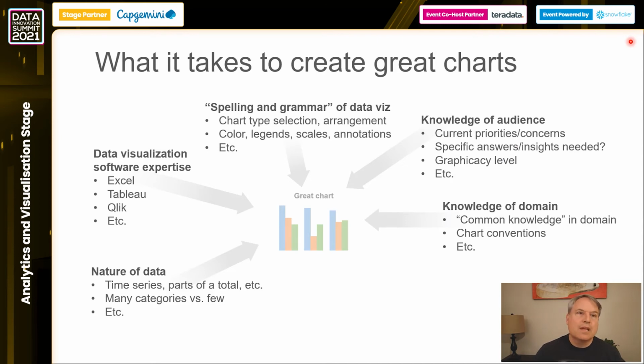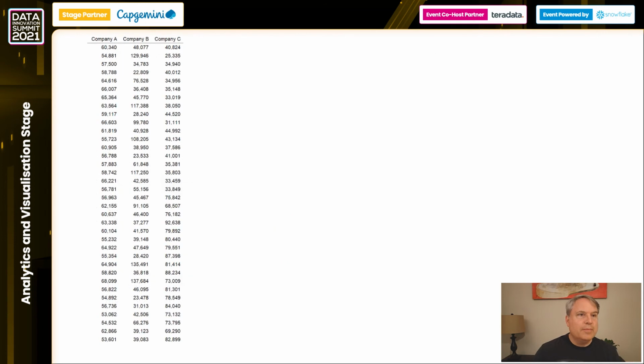We also need statistical knowledge, right? So let me give you another scenario. Here we've got some data representing the salaries of employees at these three companies. And we want to try to compare them, right? We've been tasked with doing some analysis here. So how do the salaries of these companies compare?